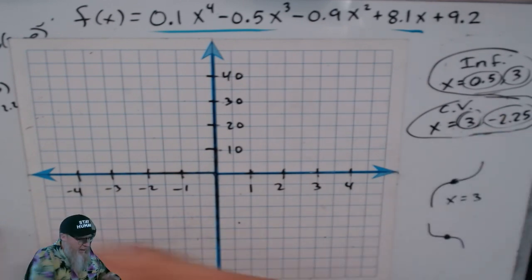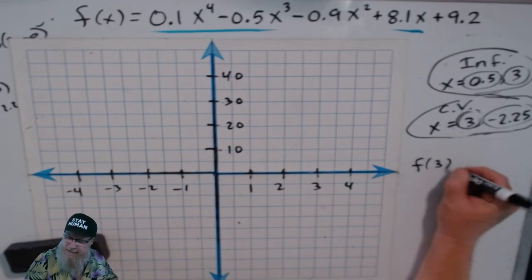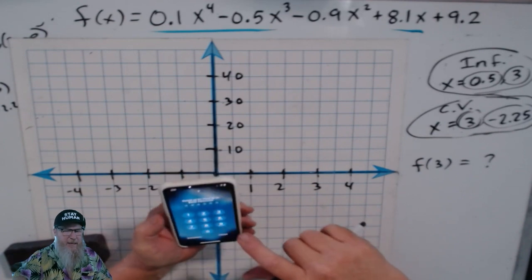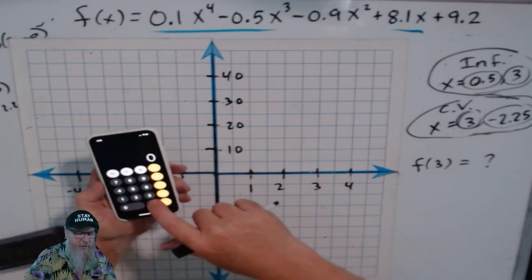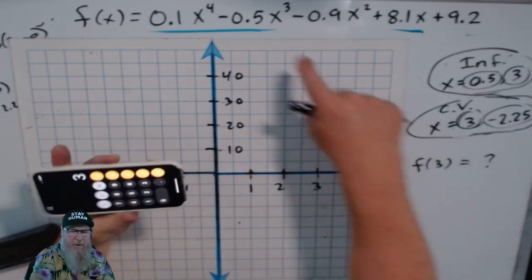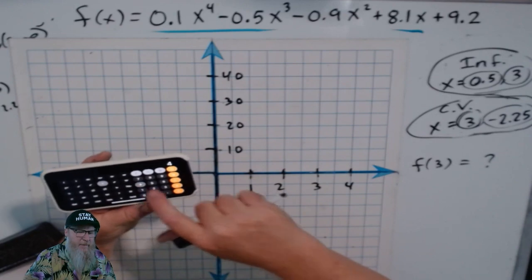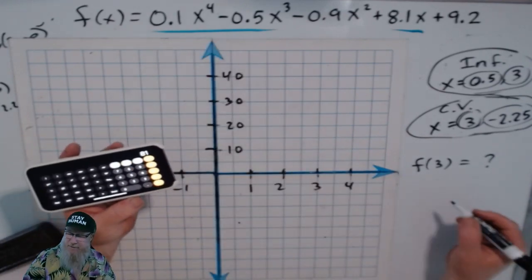So let's go ahead and plug it in and find the point f of 3. I'm just going to have you walk through it with me with my calculator. I'll write things down as I go. So we got 3 to the 4th power. That's 81. I probably could have done that in my head. Times 1/10.